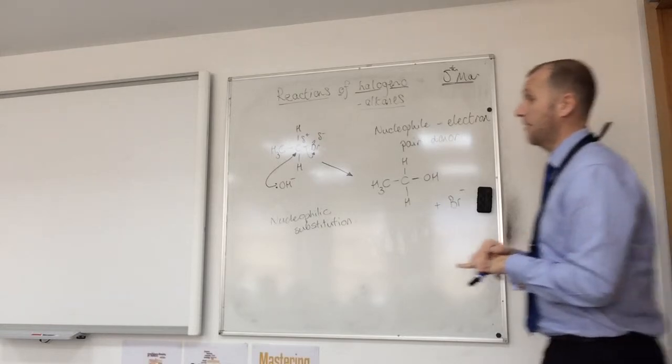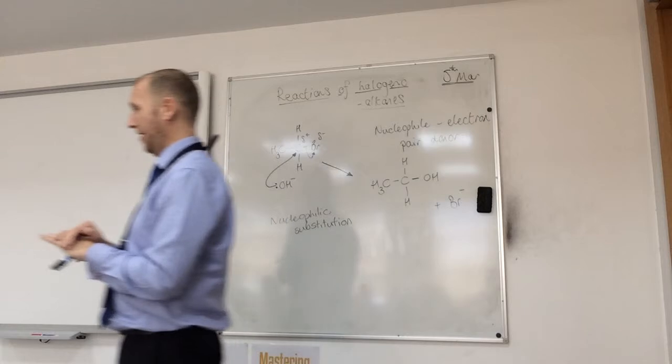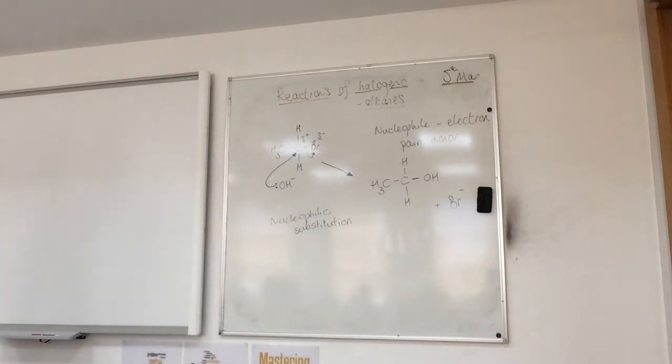Some of you may well be asking yourself, maybe not, depends how well you were listening earlier. I said something when we were talking about the primary, secondary and tertiary halogenoalkanes. I said something about an ion. And there's no carbocation in this. You may have noticed that, you may not have done.